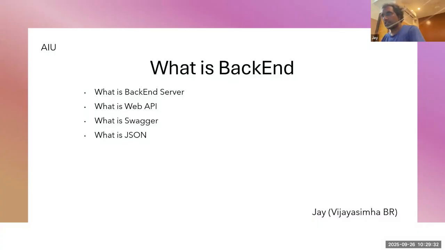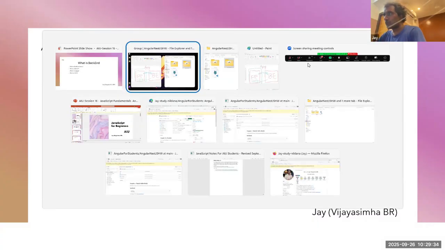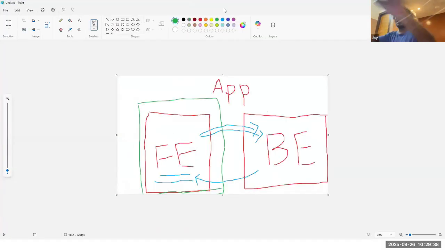So once again, let's go back to my paint software. I'm going to have to get rid of this painting now. Of course, the session is getting recorded, so you will also remember this. You already know the back end and front end are going to interact, and before the session is wrapped up, I'll show you my demo. We talked about Swagger, and I'll show you that as well. But what about JSON? Let's jump in.